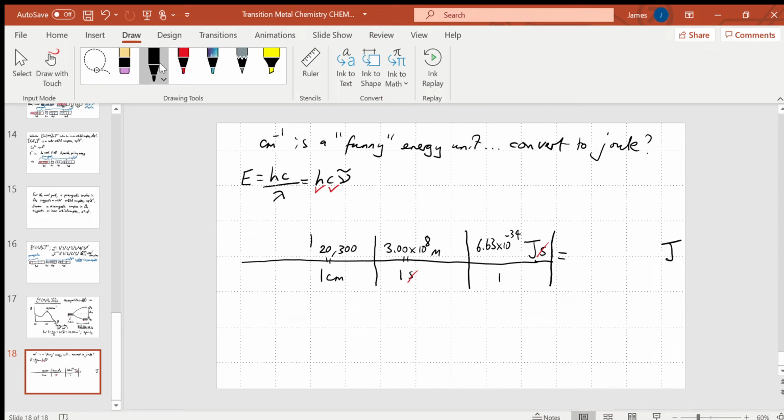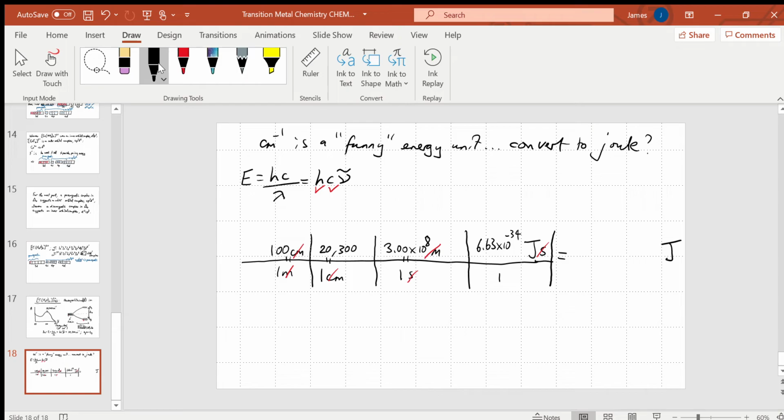Okay, so I want to get rid of that centimeter denominator. Well, I know there's 100 centimeters is equal to 1 meter. So I can cancel the centimeter and my meter will go back and cancel that meter. So the only unit that survives is the joule, which is exactly what I want.